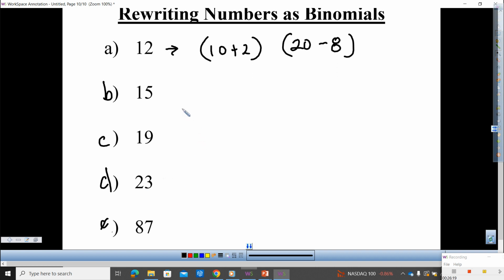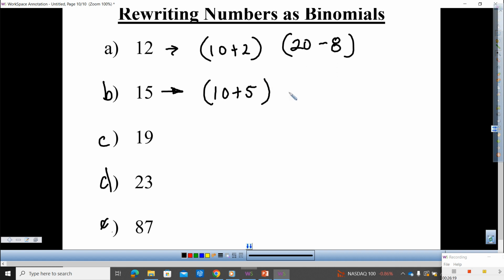All right, so let's go with 15. So if 12 is 10 plus 2, tell your neighbor what 15 would be. All right, 15 would be what, Brandon, Felix? Let's go, 10 plus 5. That is correct. Yes?